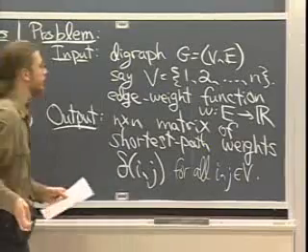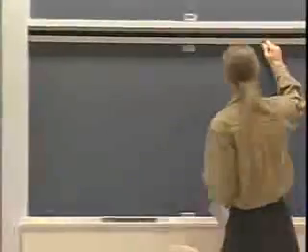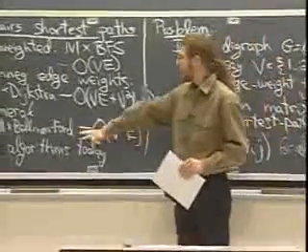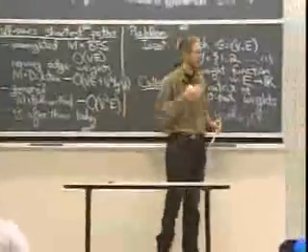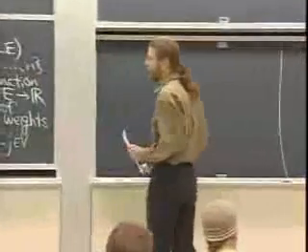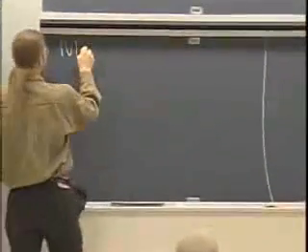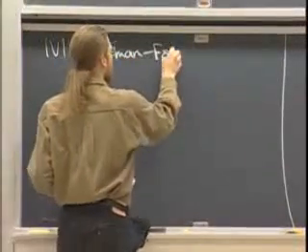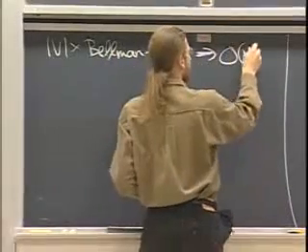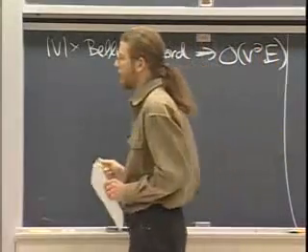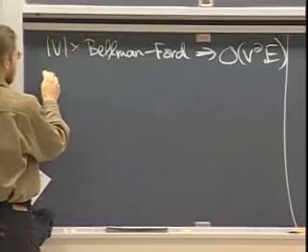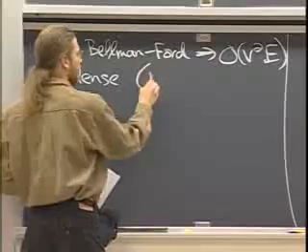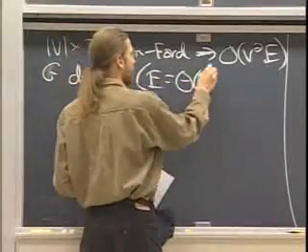Okay, so now let's start doing algorithms. So we have this very simple algorithm, V times Bellman-Ford, which gives us this running time of V squared E. And just for comparison's sake, I'm going to think about the case where the graph is dense, meaning that the number of edges is quadratic in the number of vertices.